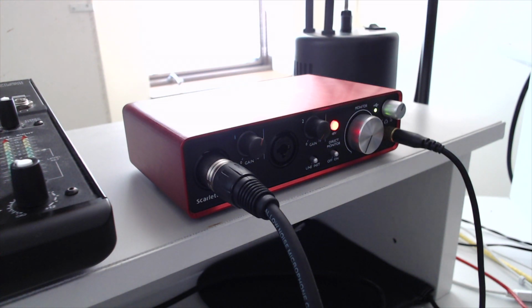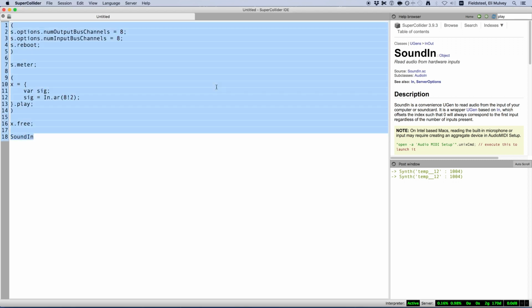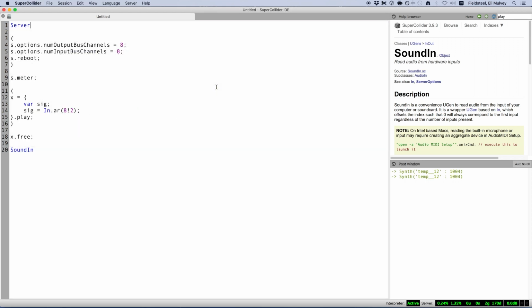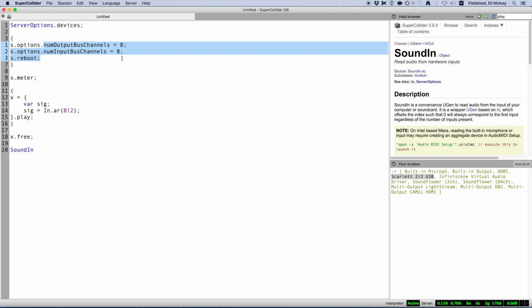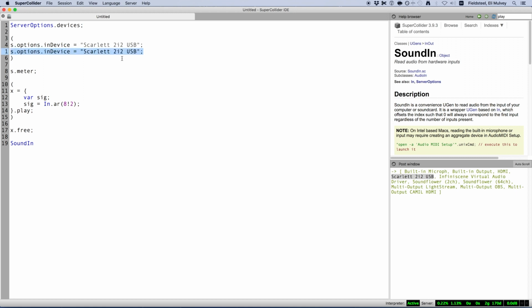Okay, so back in SuperCollider, let's reconfigure and reboot the audio server. First, if we evaluate Server.options.devices, we get an array of the names of available audio devices. So here is the name of the interface I'm using. I'll just copy this text straight from the post window, and in a separate parenthetical block, we can set the input device and output device like this, with s.options.inDevice and .outDevice.